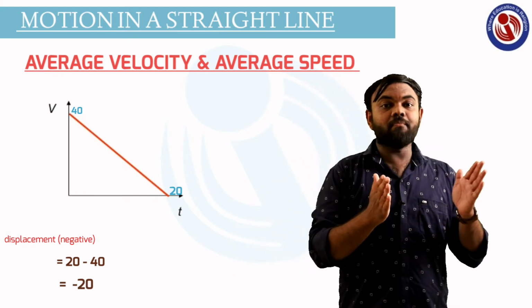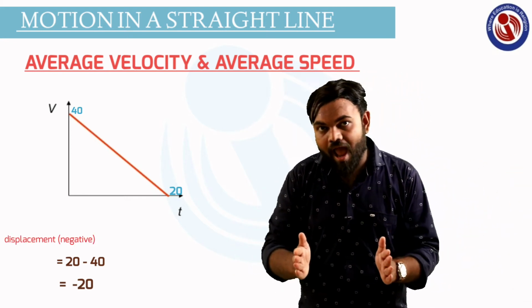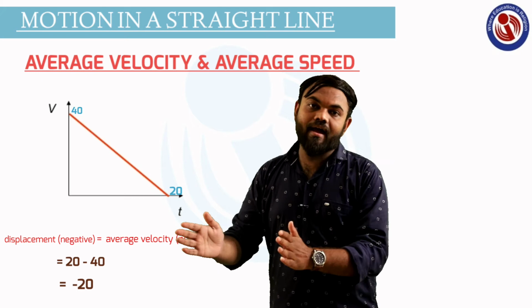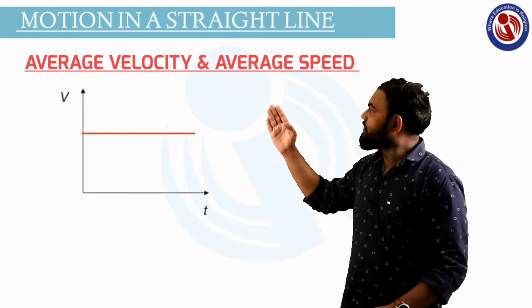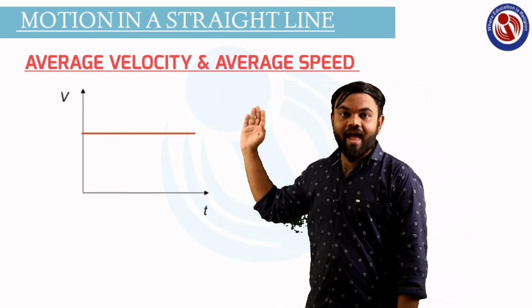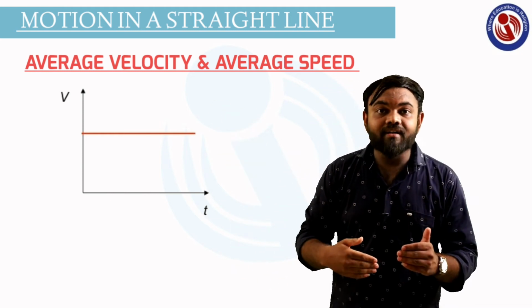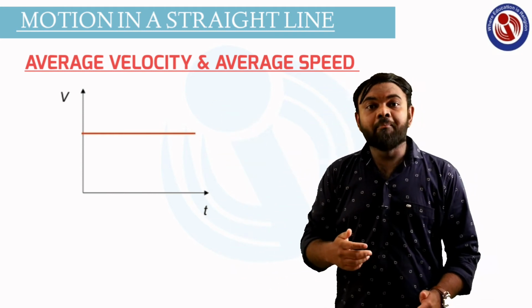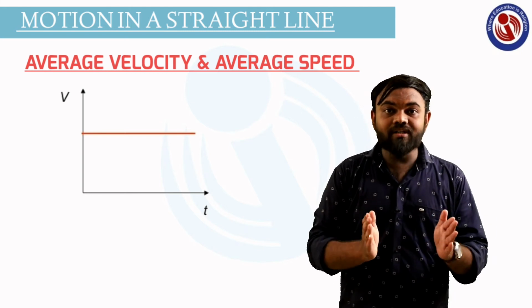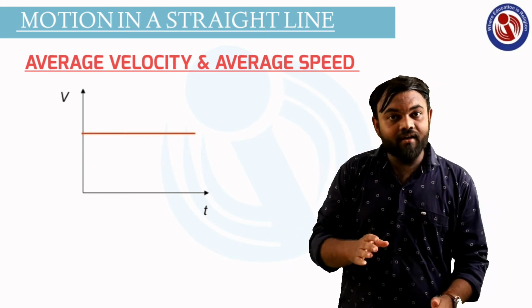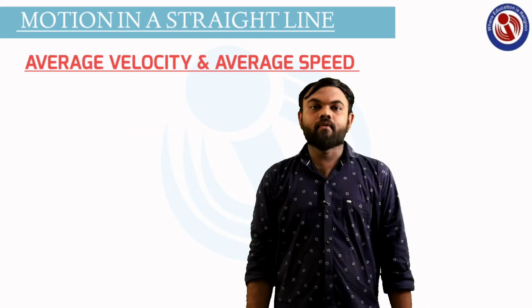That's why displacement is negative, and average velocity is negative. The third graph is a straight line parallel to the x-axis. It shows displacement is 0. Why? Because with respect to time, your position has not changed.